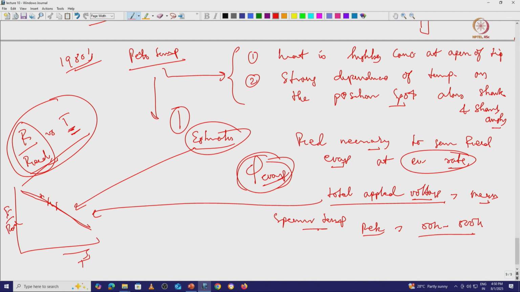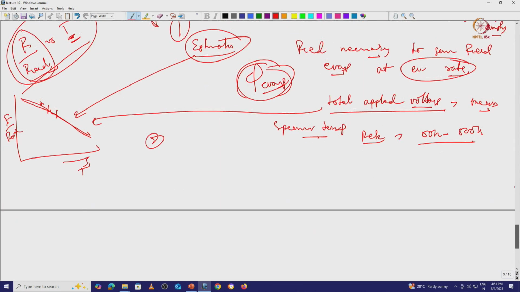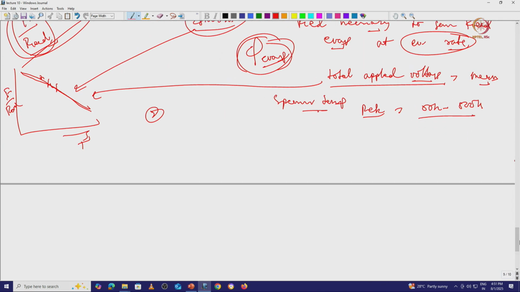Another method, which is also a reliable method, uses the temperature at which there is activation of thermally induced random walks of atoms.